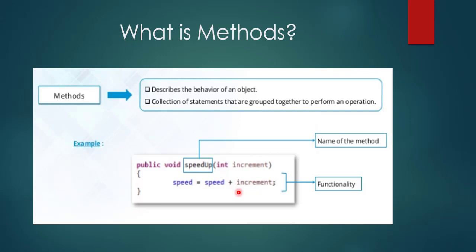This is the functionality of this method: speed equals speed plus increment. A method is a collection of statements that are grouped together to perform an operation. This is the definition of a method or function: a group of statements to perform a particular operation. In this example, the speed is incrementing, so incrementing is the functionality of this method.